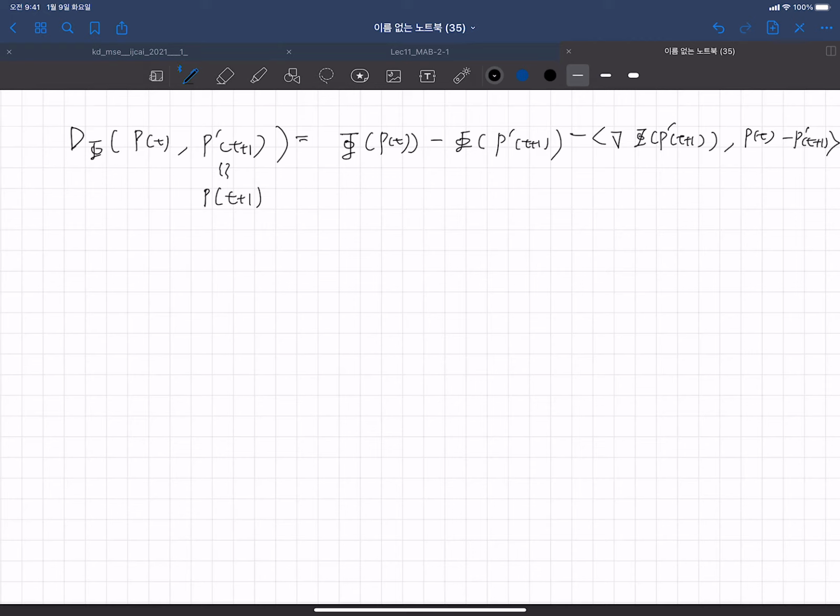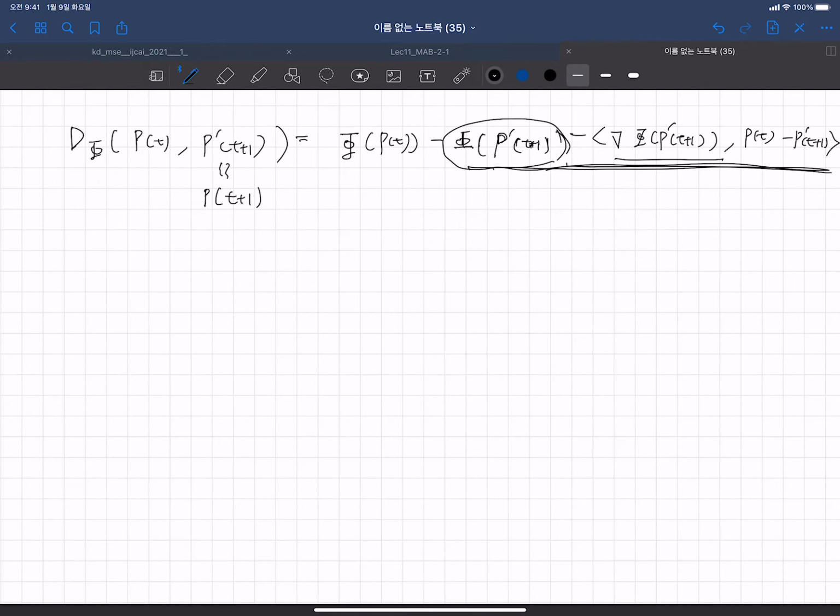Okay, and from that analysis, this is the first order Taylor approximation of the pi function at point p prime t plus 1. So we use the pi function value at p prime t plus 1 and the gradient of the pi function at that point, that is the tangent line function at point p prime t plus 1.